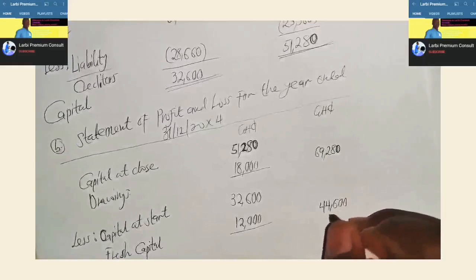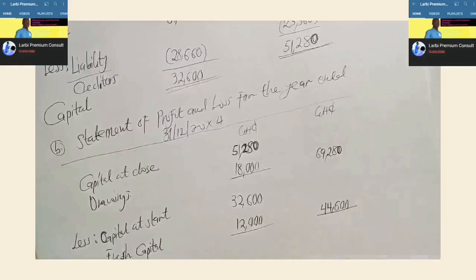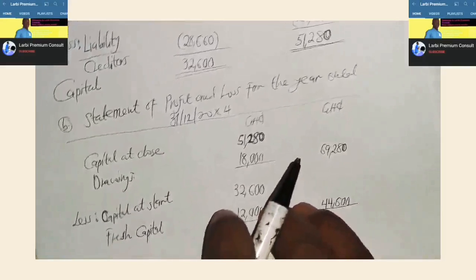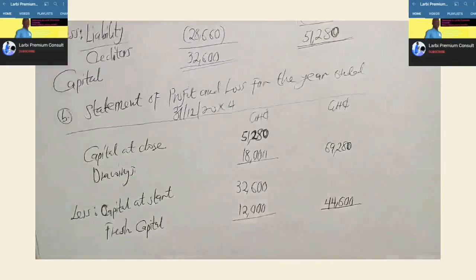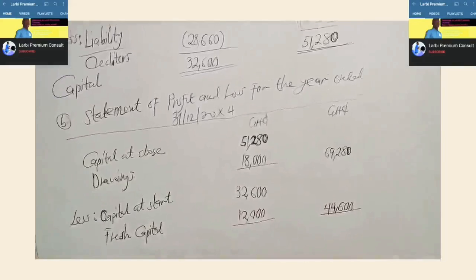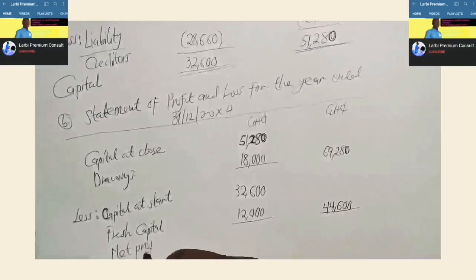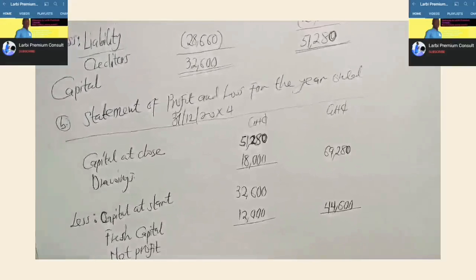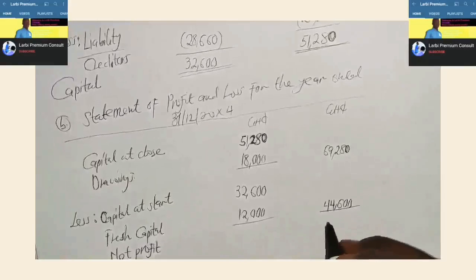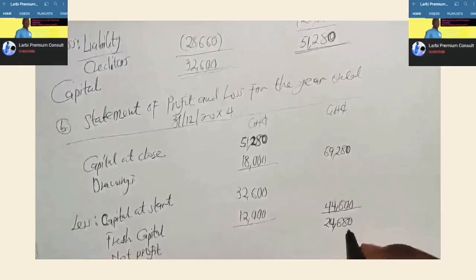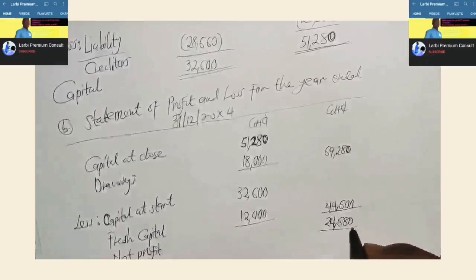So once you are lessening, I'll subtract from it, then I'll get my profit as at 31st December 20X4. So here will be my net profit, which will be, when I subtract, I had 24,680 in that case. So try also checking, let's see whether you got the same.